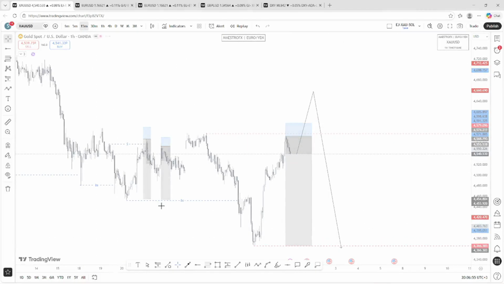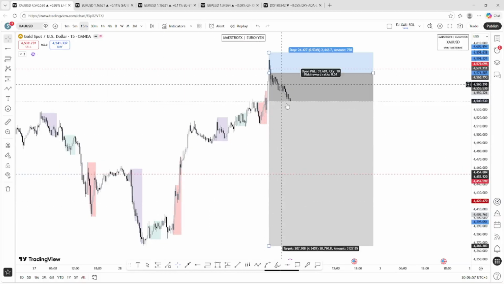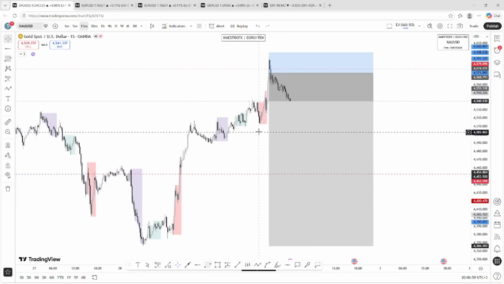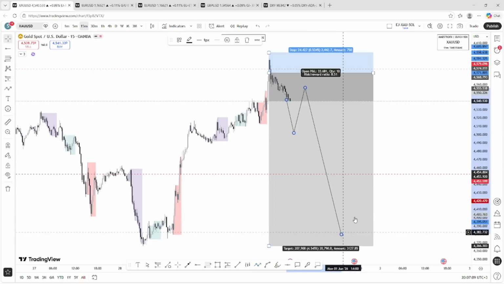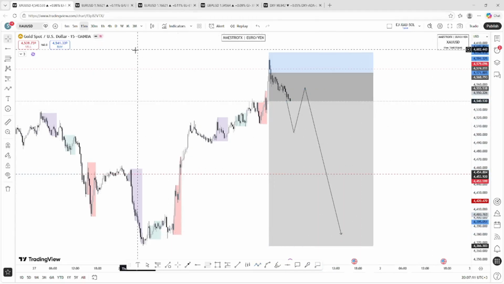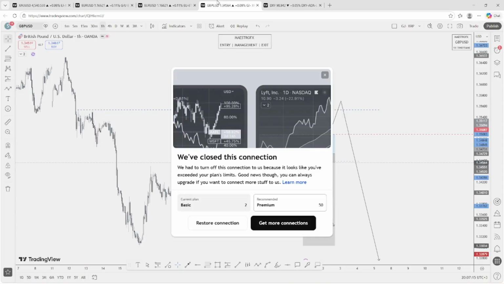And so maybe after we take this liquidity, we can look for a continuation to the downside. Maybe you can see it does this and continues. And that's my analysis for the week.